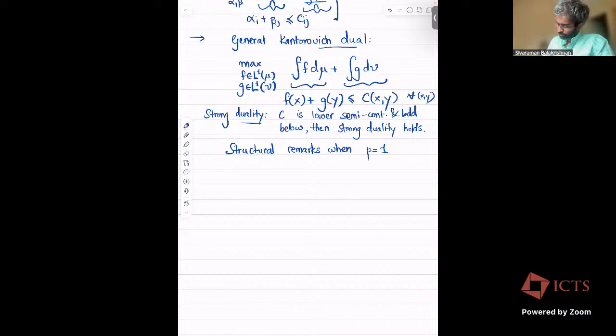The first thing to generally observe is this: I fix an f, and then I ask, what is the optimal g for this program? So let's say I optimize over g. It'll turn out that g will have a specific form.